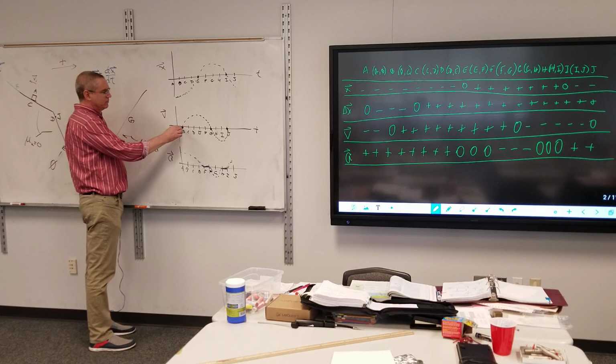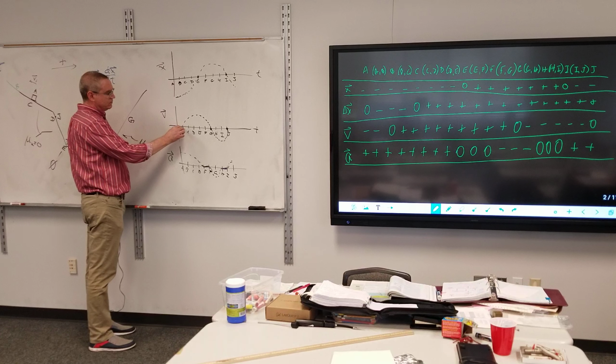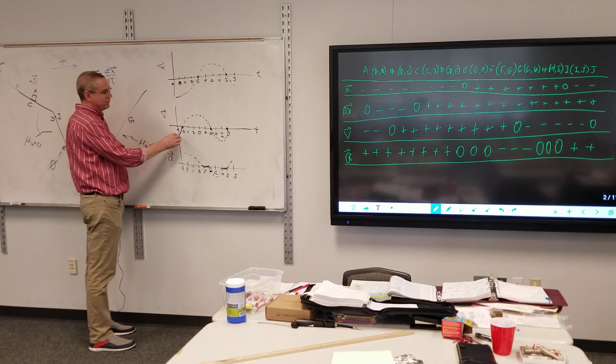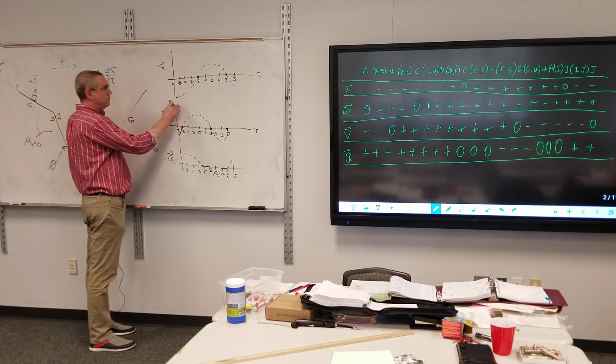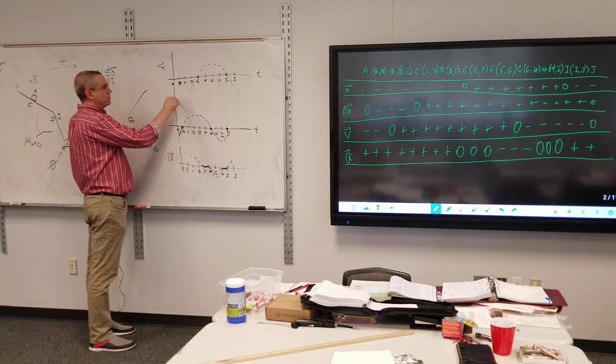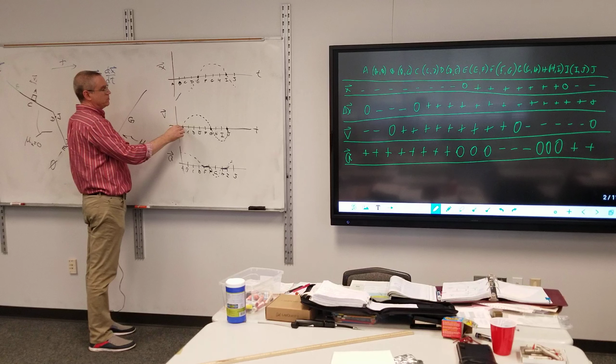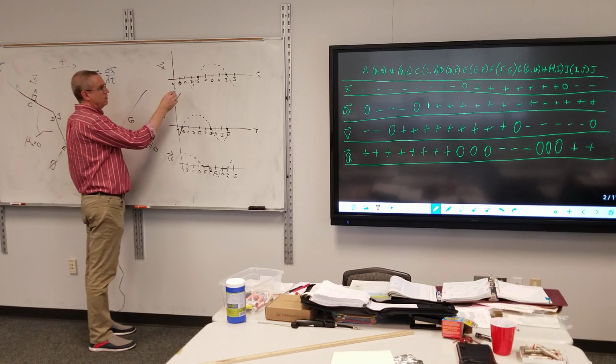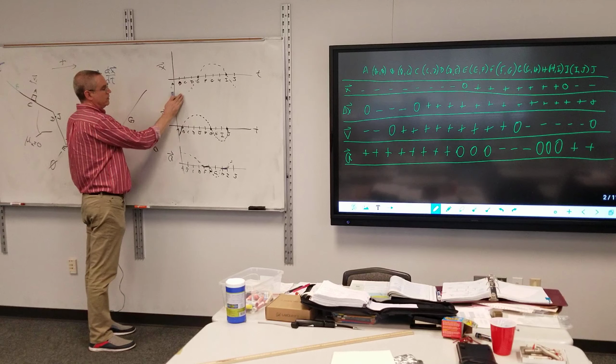Well, my acceleration actually, so my slope starts out at some speed and gets slower, and then at B, it stops, turns around. So the velocity is positive. This is the slope of that. Not like that.